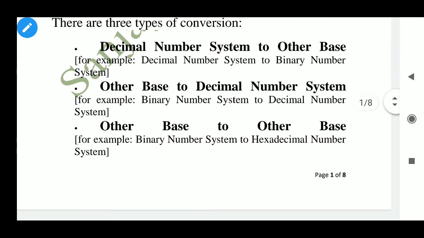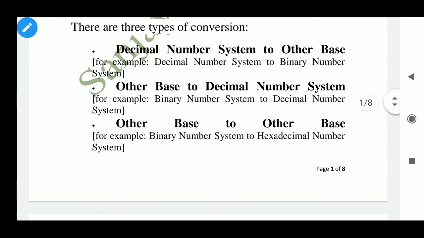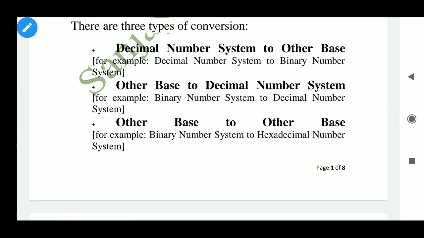And third is other base to other base, for example binary to hexadecimal, binary to octal, octal to binary, hexa to binary, octal to hexa, or hexa to octal.